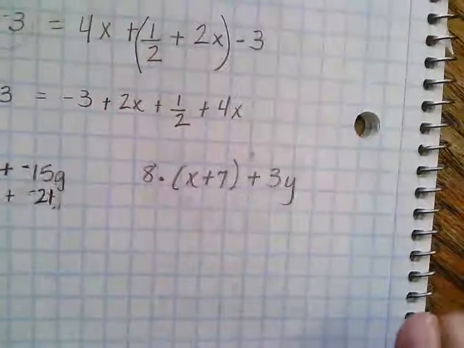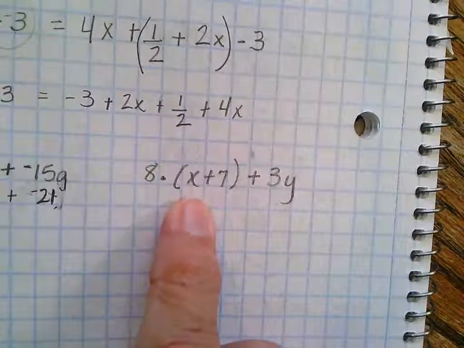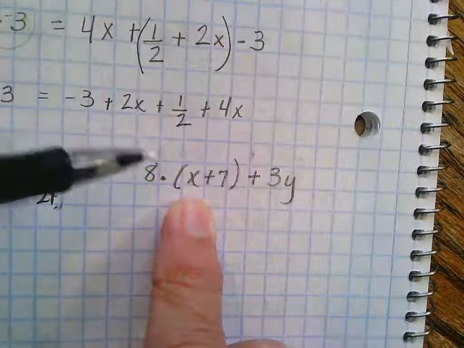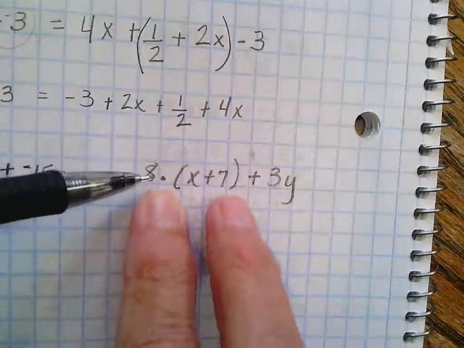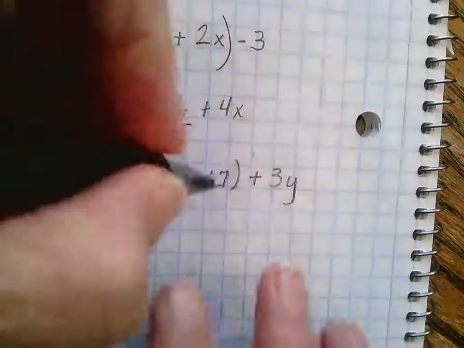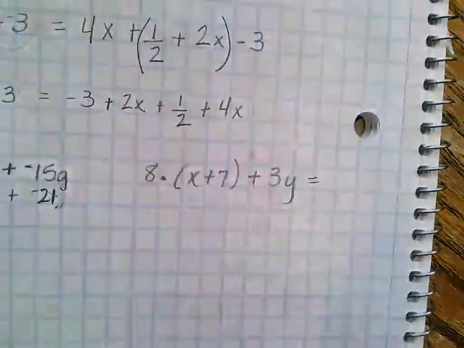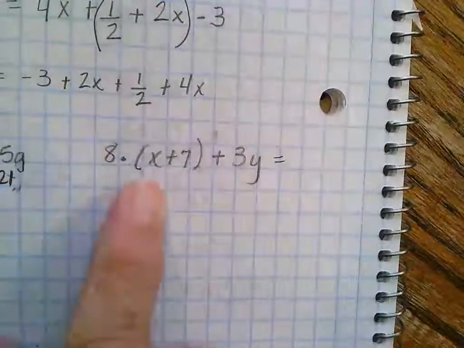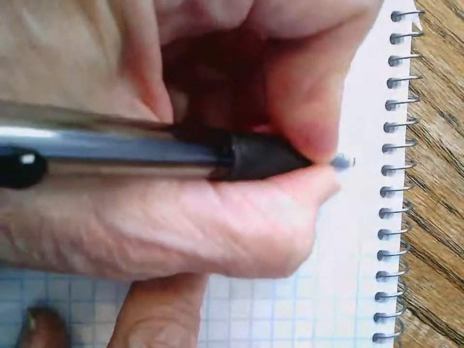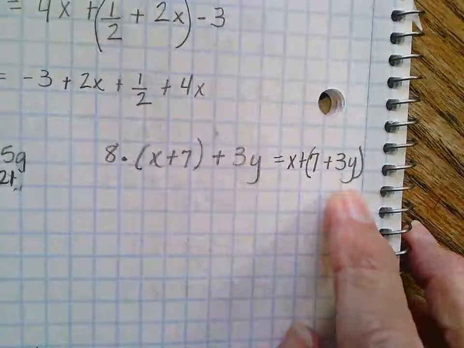Number 8, again, same instruction, write an equivalent expression. So what I'm going to do is I'm just going to use the associative property and switch my parentheses. So an equivalent expression here would be x plus 7 plus 3y, and I'm just going to choose to move my parentheses.